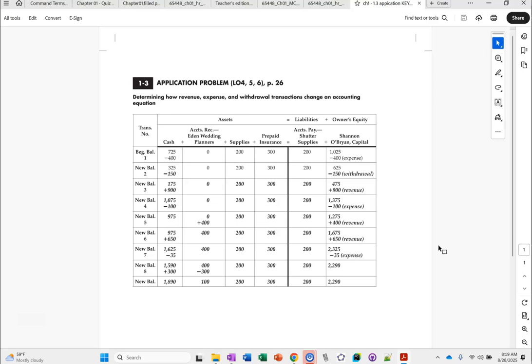Joe, the way the wedding planner account goes down to 100 is just in this last transaction. Right, I see it now. Again, the hardest part of this is reading the transaction and making sure you put the stuff in the right place.